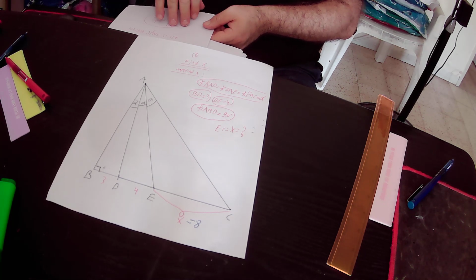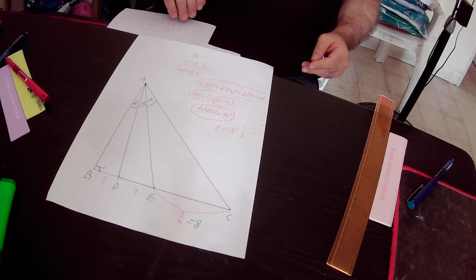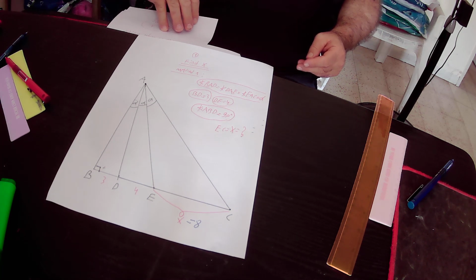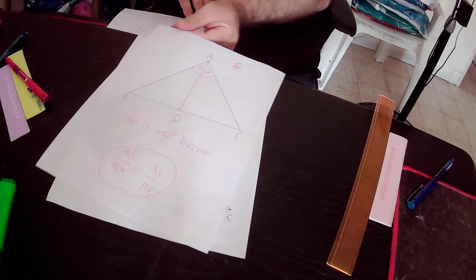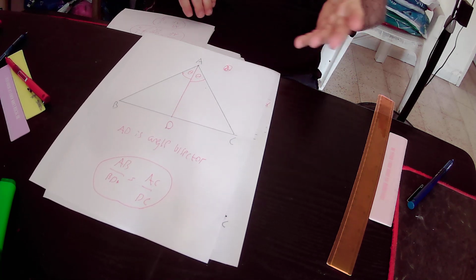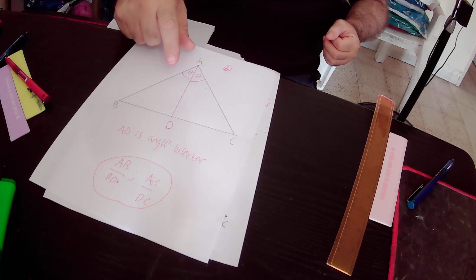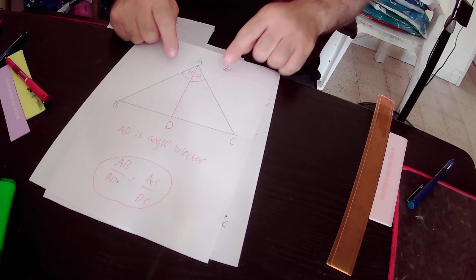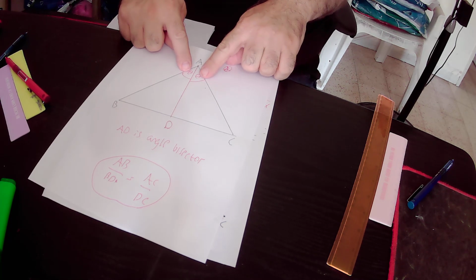Actually, we use the rule of angle bisector in both methods, in method 1 and method 2. The rule of angle bisector is that if you have a triangle ABC, which can be any triangle, and you have AD, which divides angle BAC into 2 equal parts, theta and theta.